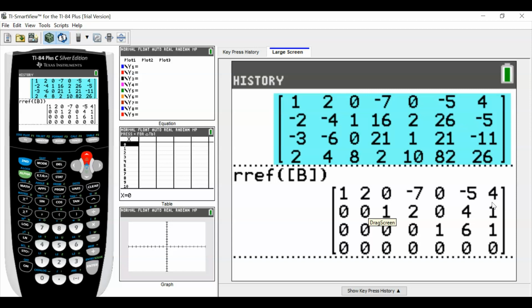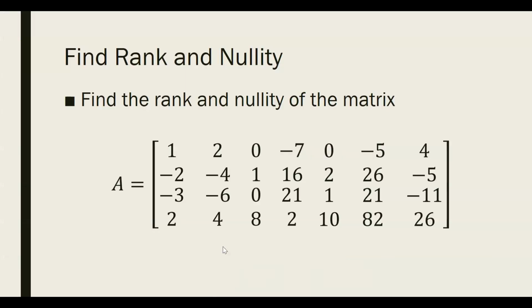And therefore, we know we're going to have 4 vectors in the basis for the null space of A. And so the nullity of A is 4. So the simple answer to that question is, in this situation, rank is 3, nullity is 4.